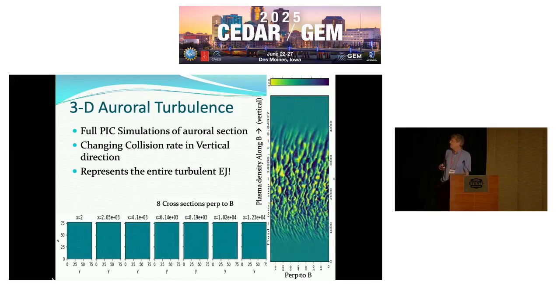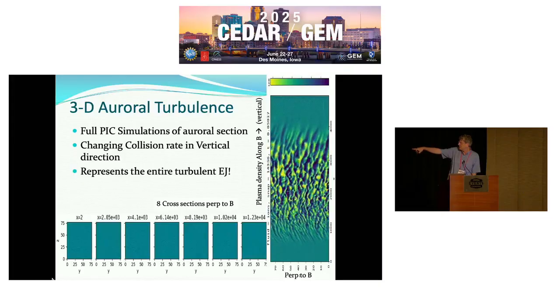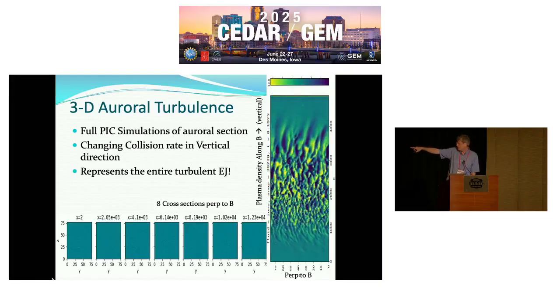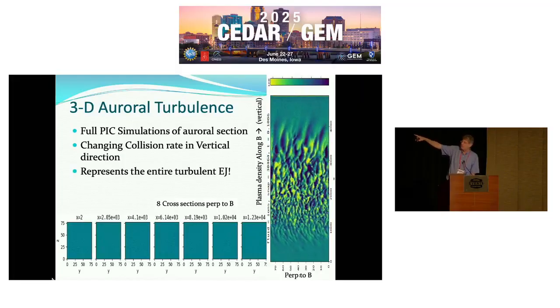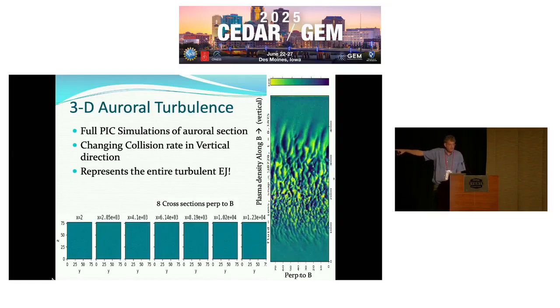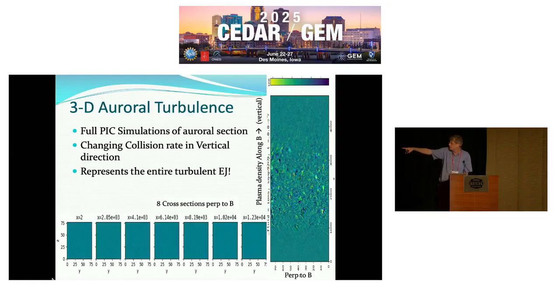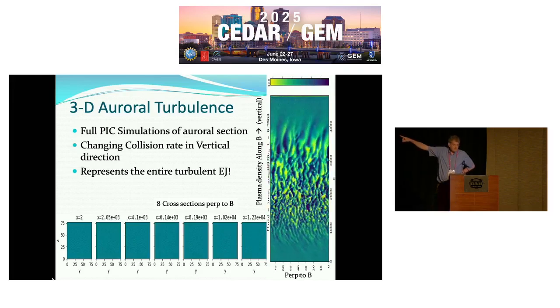The bottom of the system is the bottom of the auroral region, extending up 32,000 grid cells to where the collision rates are enormously high because there's a ton of neutral collisions in the bottom, to the top where the collision rates are very, very low.